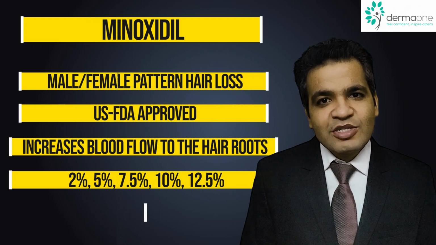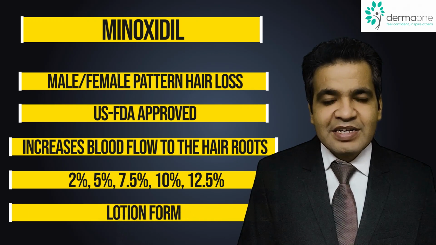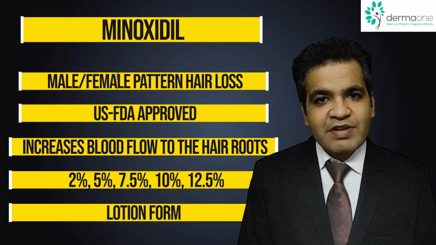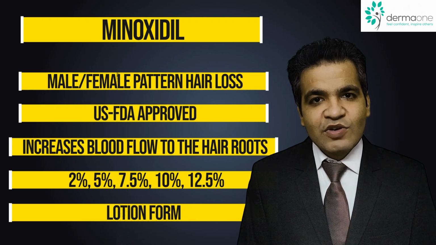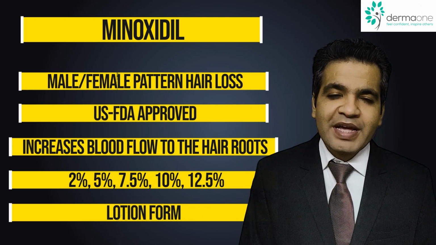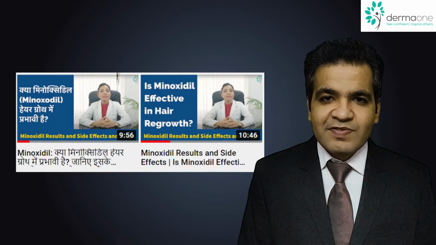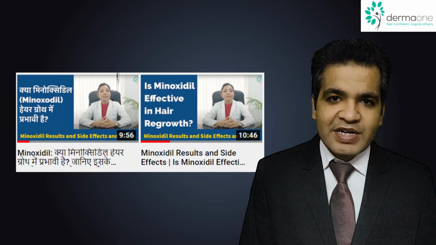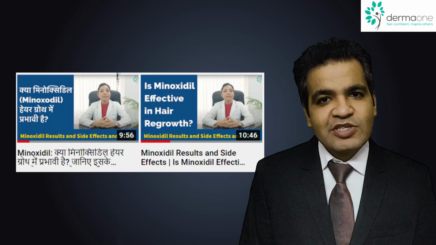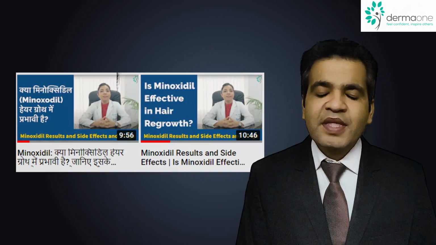Typically, minoxidil is used as a lotion for these conditions. So in this video, I will be primarily discussing the side effects of minoxidil as a lotion when you apply it to your scalp. There is a detailed video on minoxidil which is available on our YouTube channel. If you want more details about minoxidil other than the side effects, you can go and watch that video also.